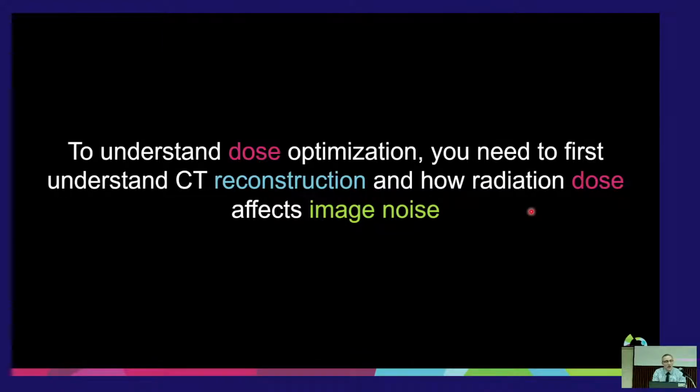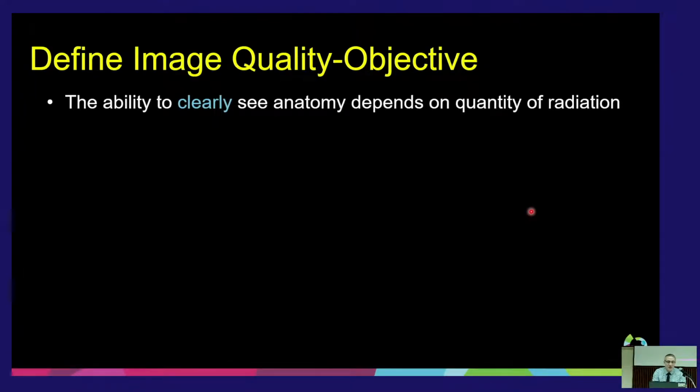We're going to talk about how CT reconstructions are impacting radiation dose and image quality. And then I'll end today's talk talking about various image quality metrics that we can use to characterize image quality at your hospital.